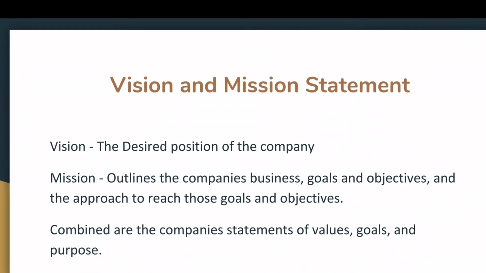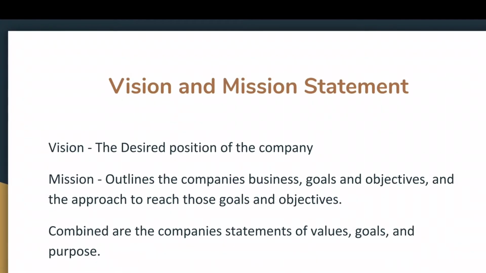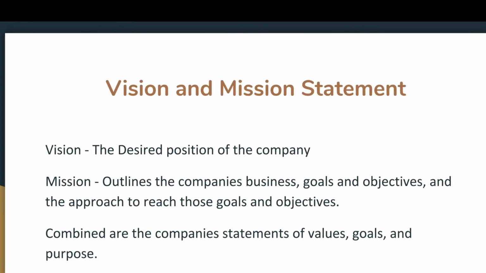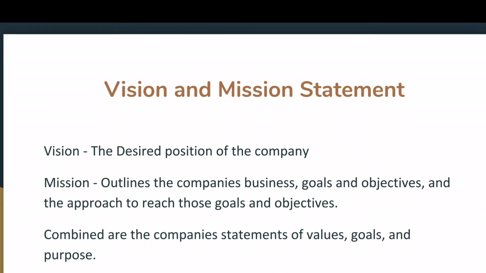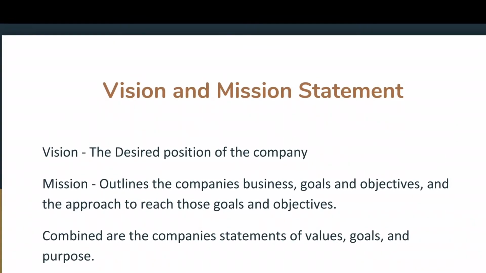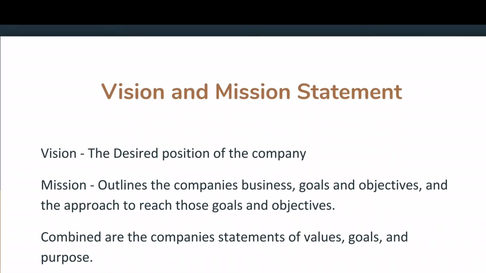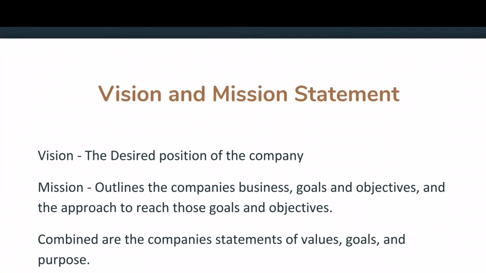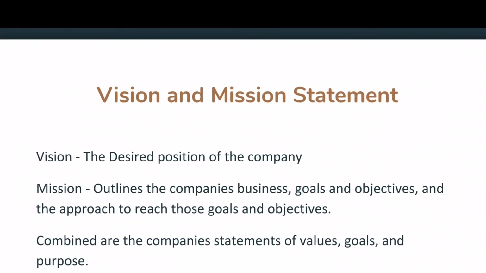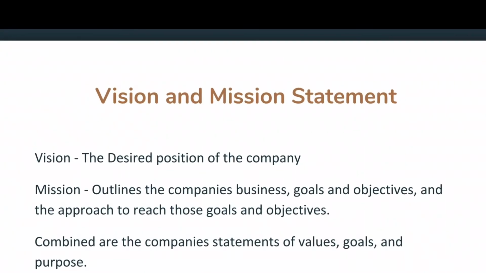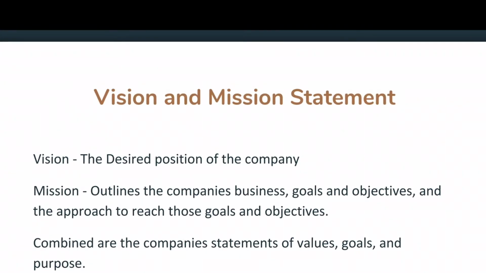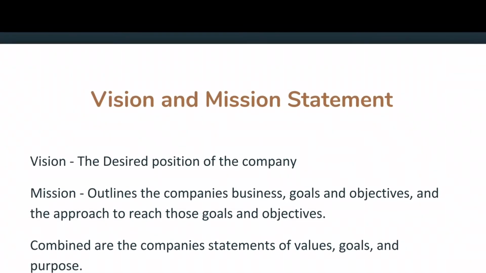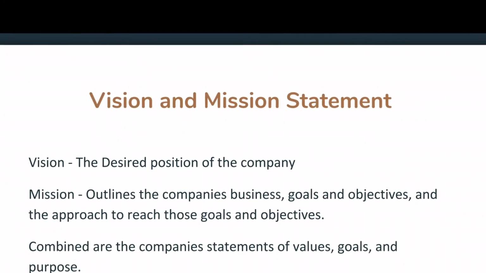Next, we'll briefly discuss the vision and the mission statement. Combined, they are the company's statements of value, goals, and purpose. The vision statement is ideally the desired position of the company. It's really meant to inspire and give direction to employees of the company.